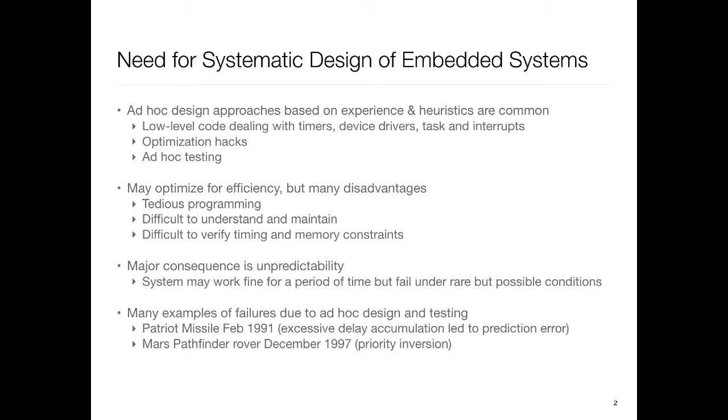Since an anti-missile system has to predict the speed and location of the incoming missile, that prediction became wrong. So the Patriot missile was shot, but obviously ended up going to the wrong place.